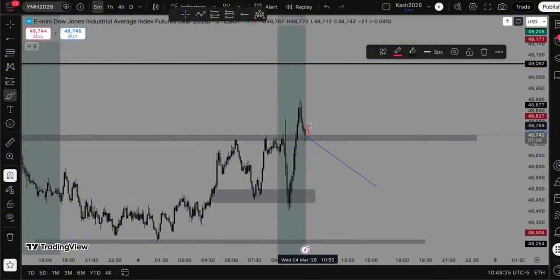Sorry, y'all. That looks crazy. Hold on. So let's say the next candle comes out and pushes past this last candle right here.